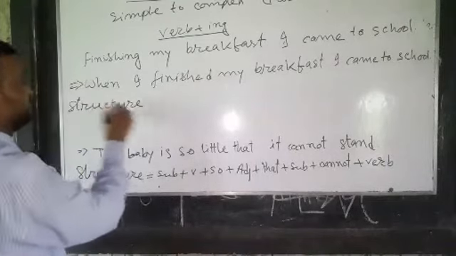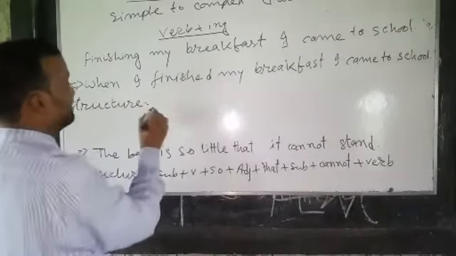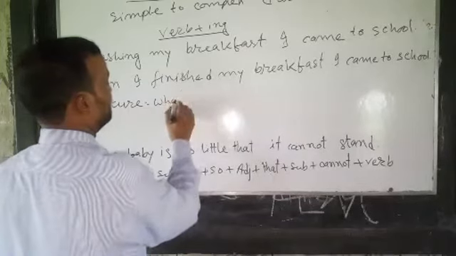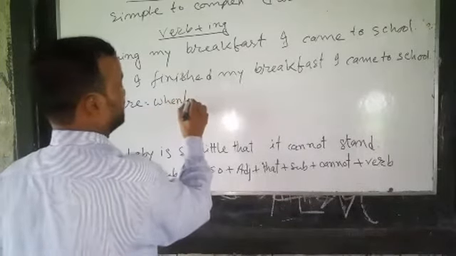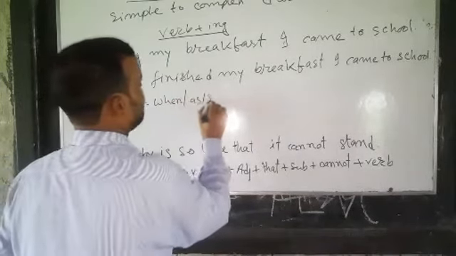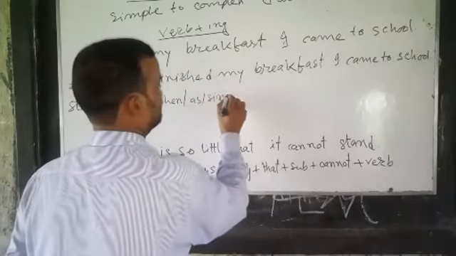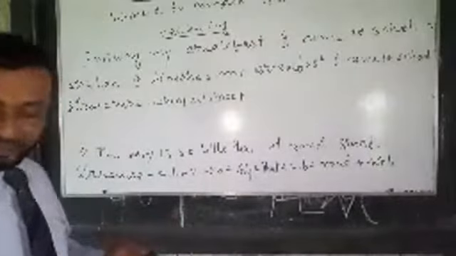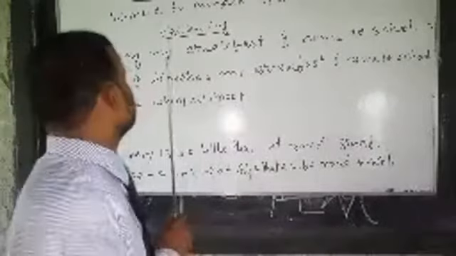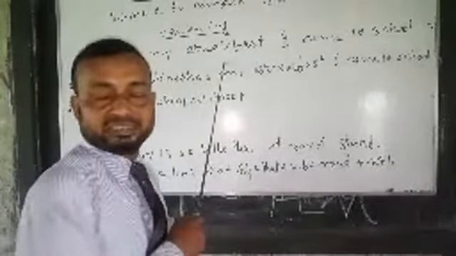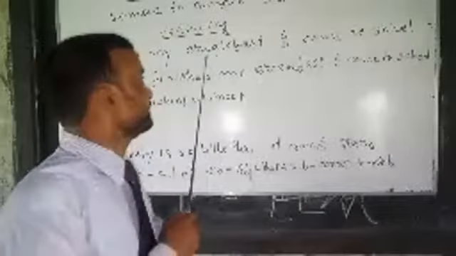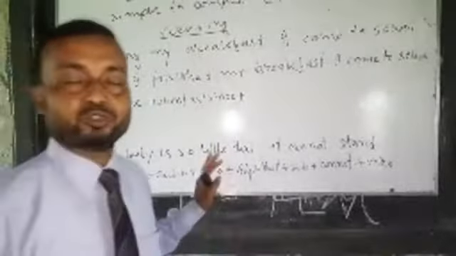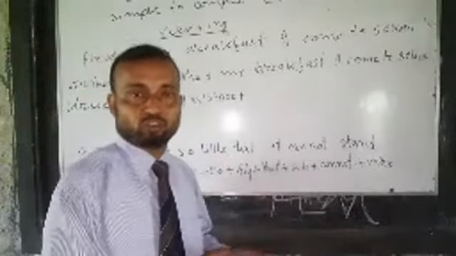My dear students, follow. At first I use here "when". Sometimes we have to use here "as" or "since". That means if the sentence mentions time, then we have to use "when"; if the simple sentence mentions cause, then we have to use "as" or "since".